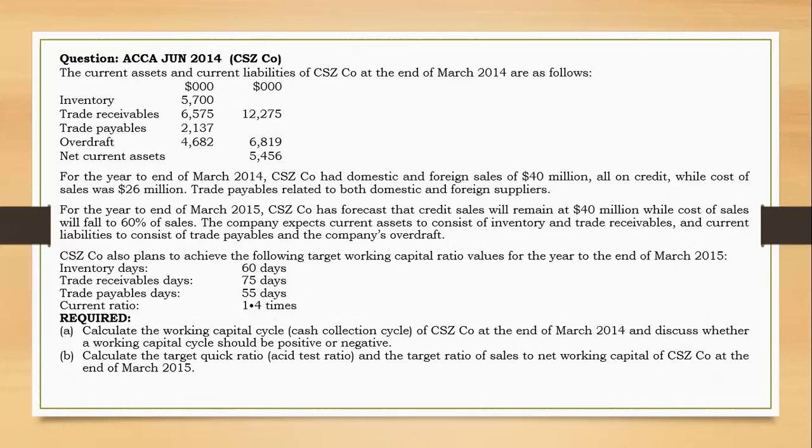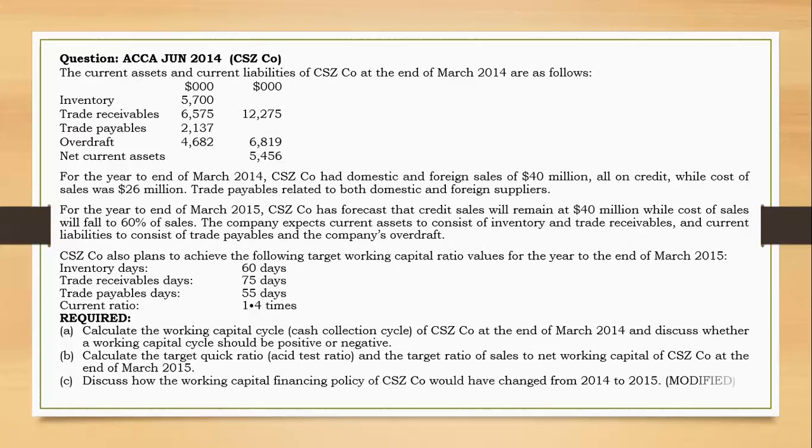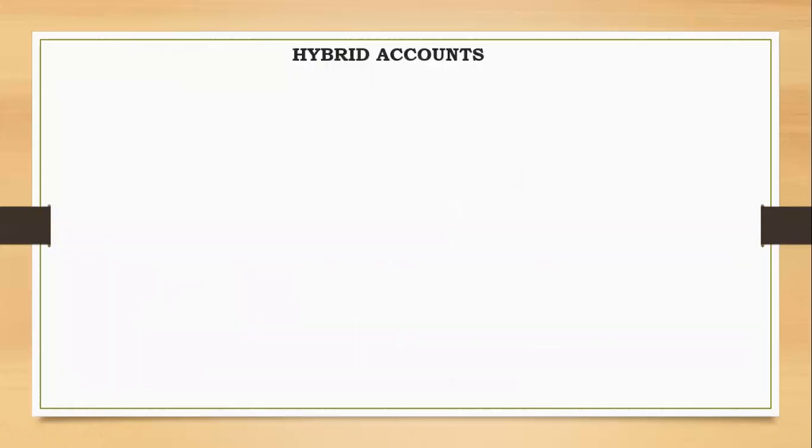All right, let's go to the solution now. We'll start with the target quick ratio and then we'll come to the sales to net working capital ratio. So that's what we're going to do. So here we are.